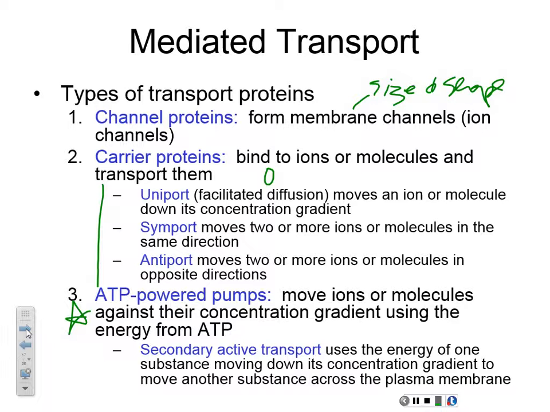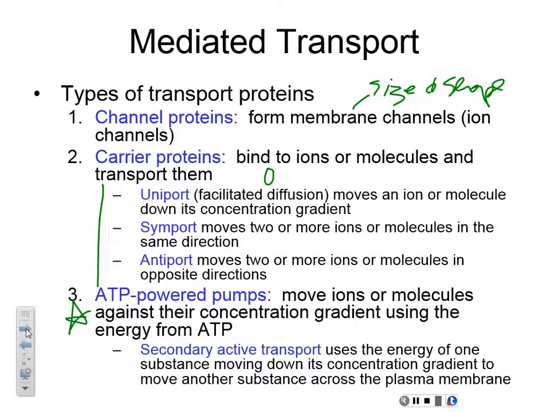So whenever a concentration gradient is created by an active transport system, like the sodium-potassium pump, where you're moving sodium outside of the cell, and when sodium now moves down its concentration gradient back into the cell, and then another molecule piggybacks on it, like what glucose does in the small intestine, and is moving against its concentration gradient, that's what secondary active transport is.